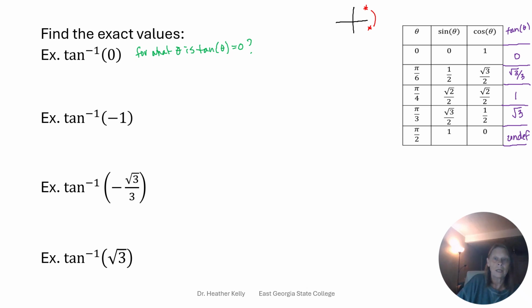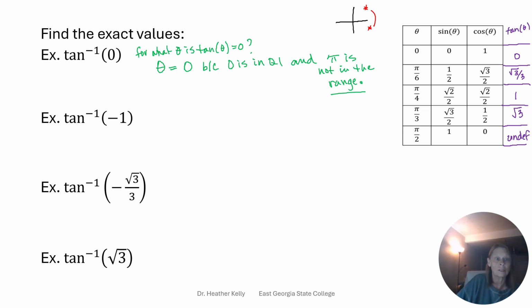Well, tan theta is equal to 0 at 0 and at pi. Pi is outside of the range, so theta is equal to 0, because 0 is in quadrant 1 and pi is not in the range, right? So we can't use that one.